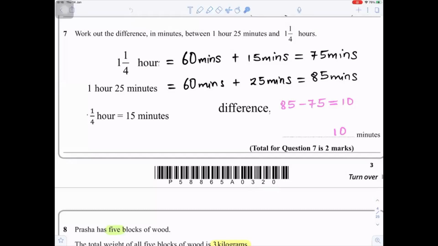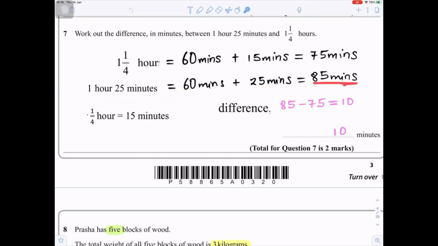Question number 7. Work out the difference in minutes between 1 hour 25 minutes and 1 and 1/4 hours. Let's change 1 and 1/4 hours to minutes. That's 60 minutes plus 15 minutes, which is 75 minutes. 1 hour 25 minutes is 60 minutes for 1 hour plus 25 minutes.